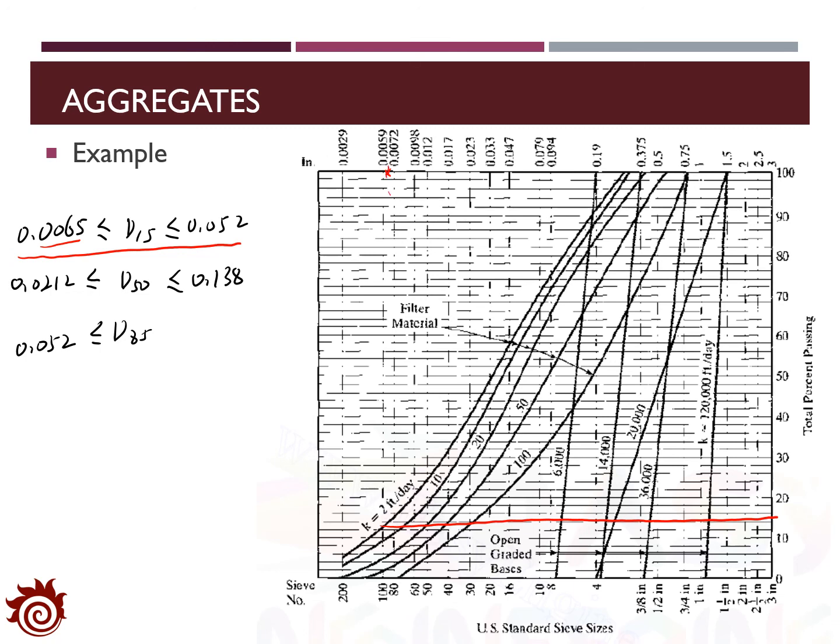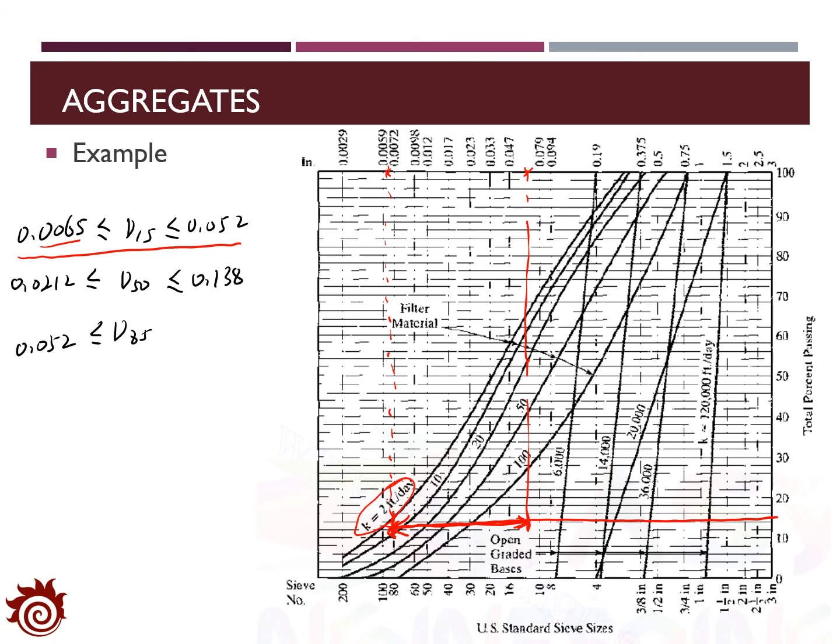And you can find out the values between 0.0065 and 0.052. That will be someplace here. So any lines intercepted with this region will be considered as the valid material. With that, we can exclude the first one, K equal to 2 feet per day.